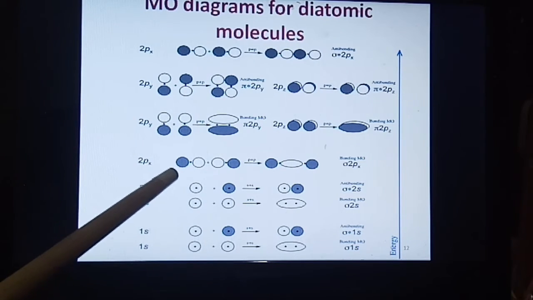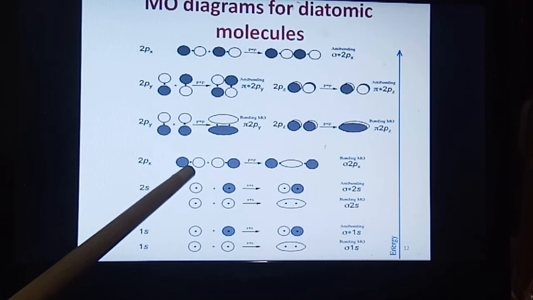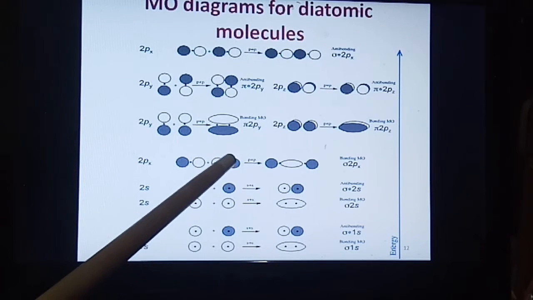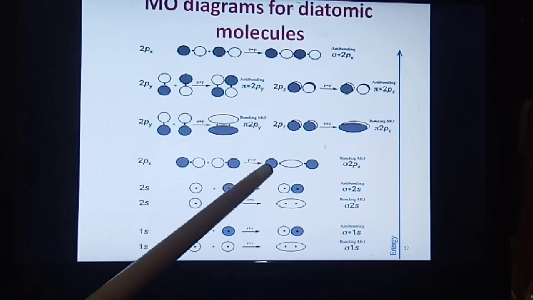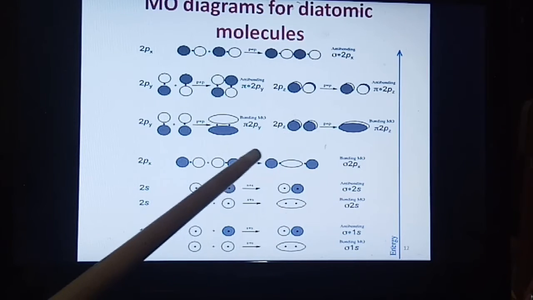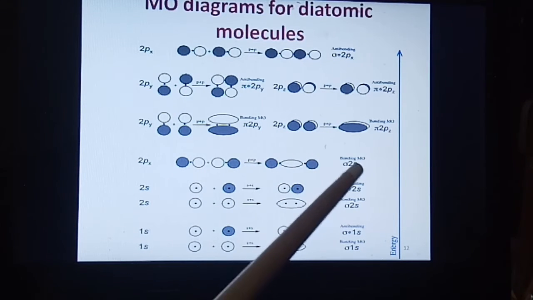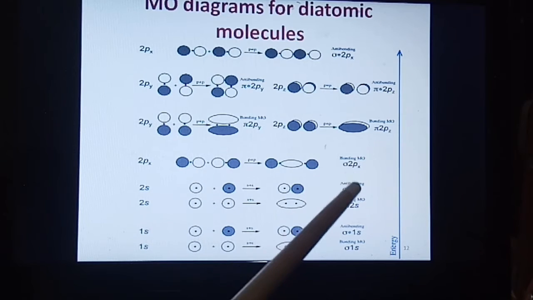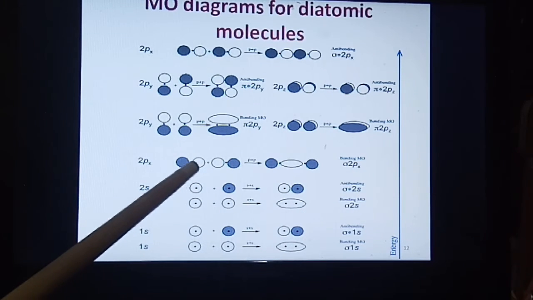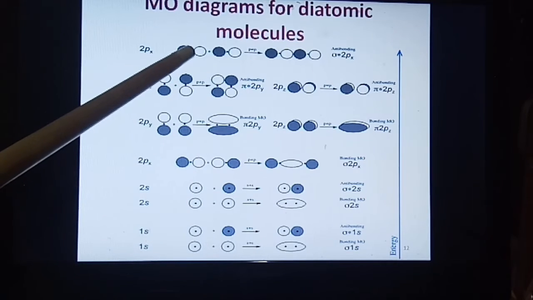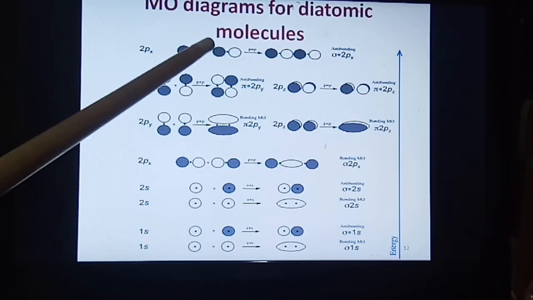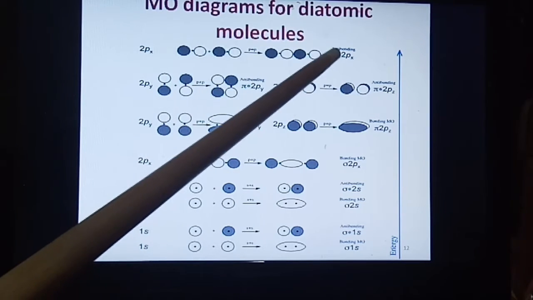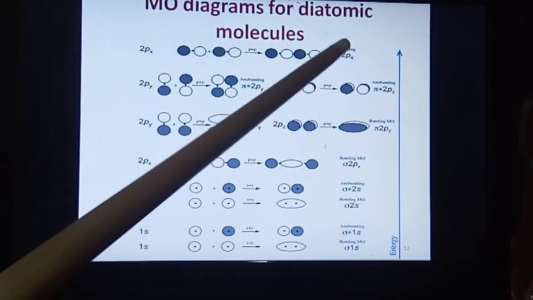Now 2px: this is the px orbital of one atom, and this is the px orbital of the second atom. If the phases are in the same direction, then this gives the molecular orbital of this shape, represented by sigma 2px. If px and px have different phases, then we get the molecular orbital of this shape, called the sigma star 2px.